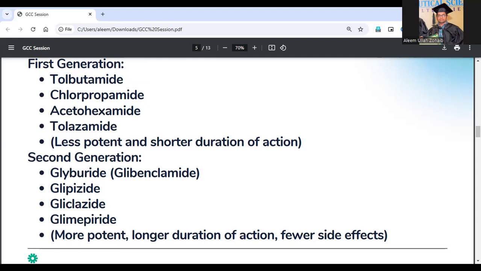The drugs of the first generation and second generation are used to achieve the same therapeutic effect. For the first generation, we use more dose, and for the second generation, we use less dose to achieve the same therapeutic effect.